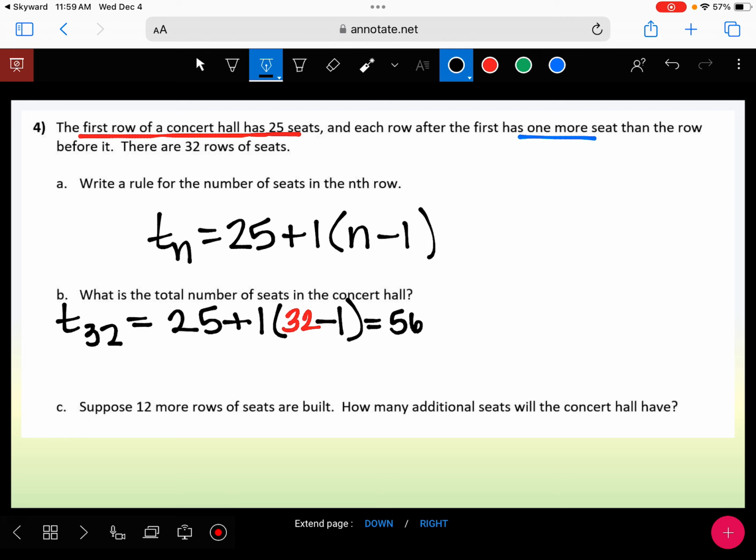So who got 56 for row 32? So we need to find the sum. So the sum of all 32 rows will be 32 over 2.